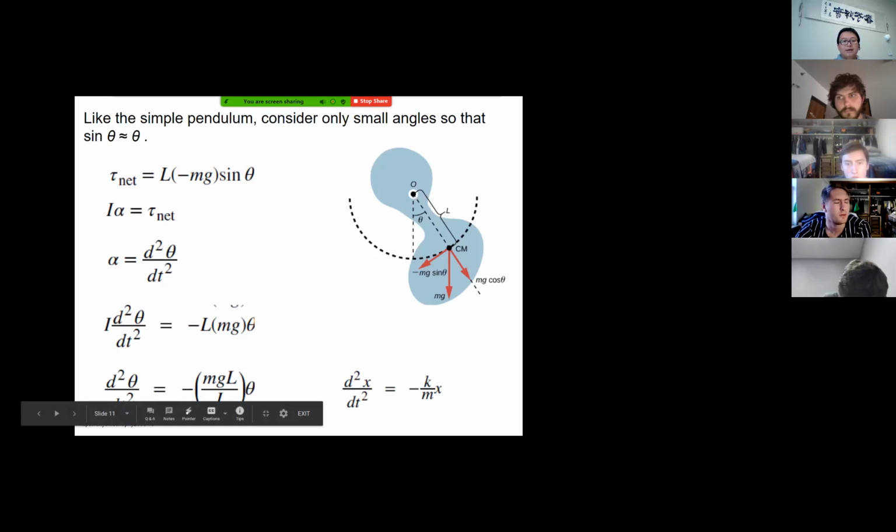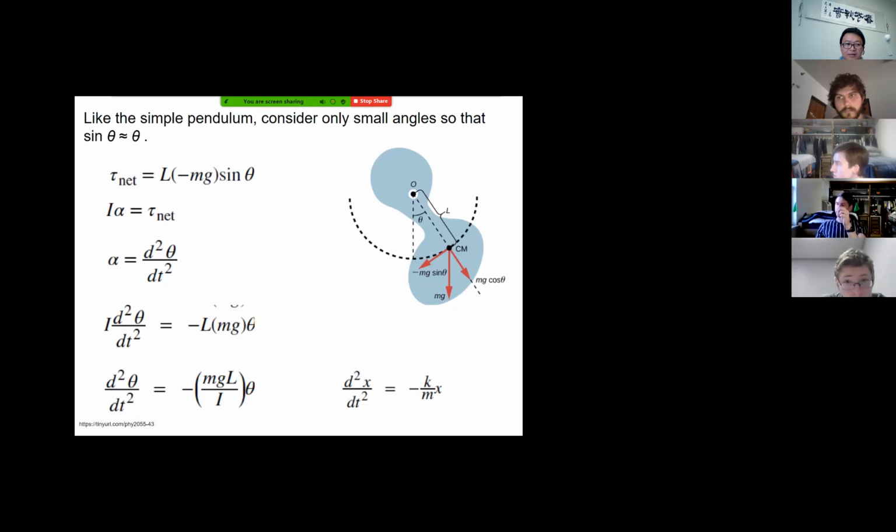Now compare this expression to what we have for a simple harmonic oscillator, which is a mass attached to a spring, in which if you are looking for the x position, the second derivative of x over dt squared, that will be your oscillation, equals minus kx over m, because force equals m times a, and force is also equal to minus kx.